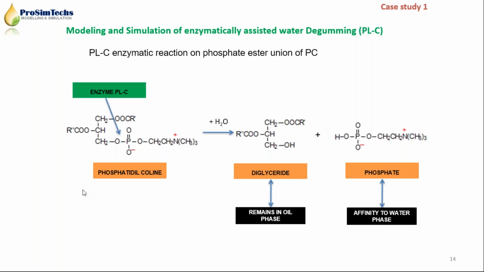So the PLC enzyme reacts with PC, forming a diglyceride and a phosphate related to the phospholipid on which the PLC enzyme acted.